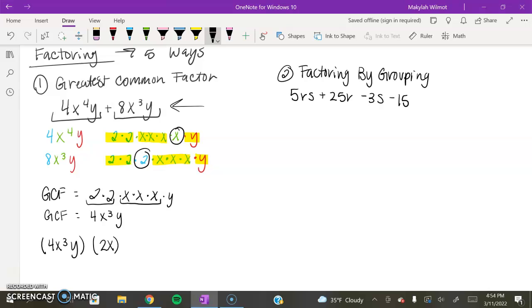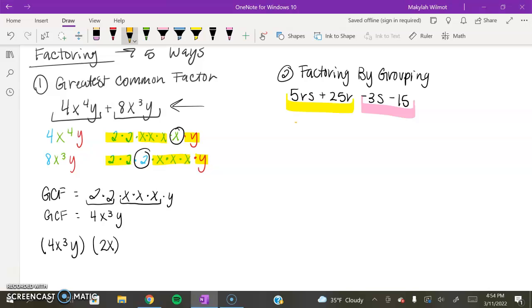For this, pretty much you're just going to want to look at this piece as one, and this one as one. So we will change to yellow.